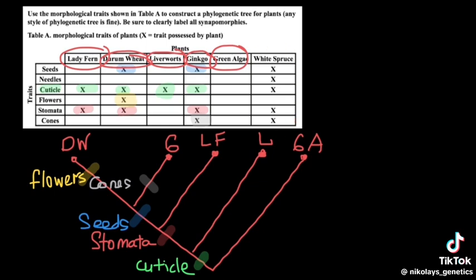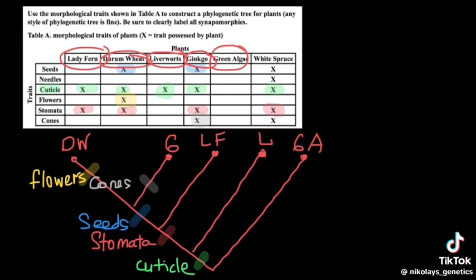As you remember, we start with cuticle. Every plant should have cuticle if it is on this branch. And it does have cuticle, so let's highlight it. Next, it should have stomata, and it does have stomata, so it has to be above this bar.